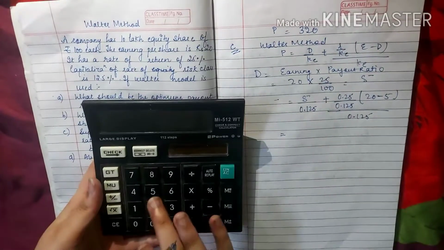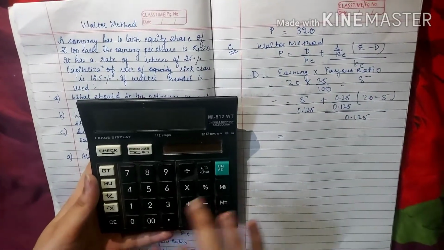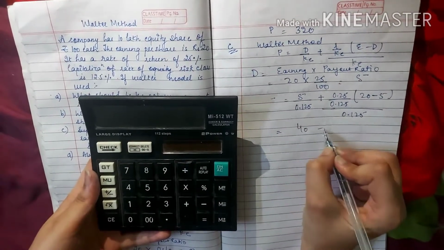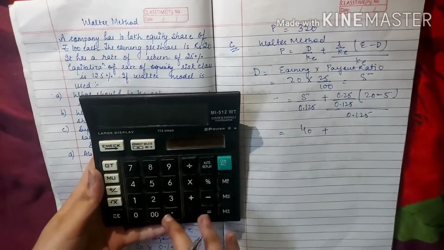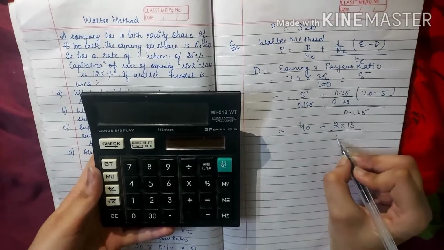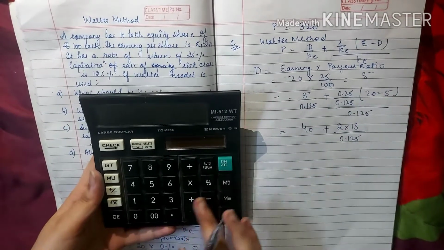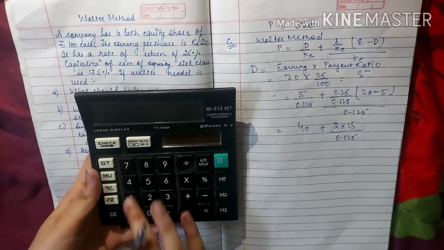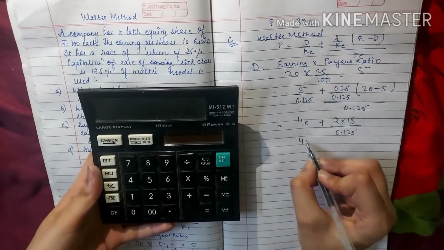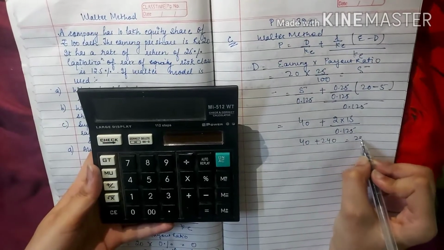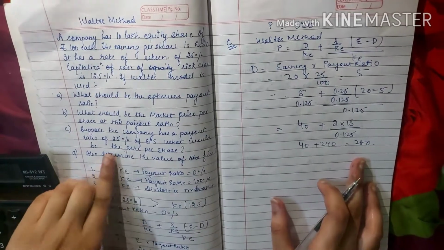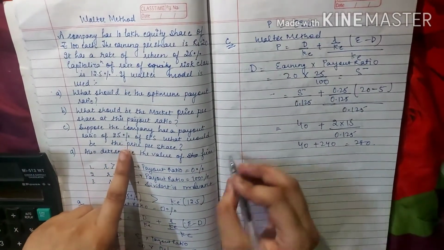Now calculate it. 5 divided by 0.125 is 40, plus 0.25 divided by 0.125, 2 into 15 divided by 0.125, that is 240. So 40 plus 240 is equal to 280. 280 is the price of the share when payout ratio is 25%.